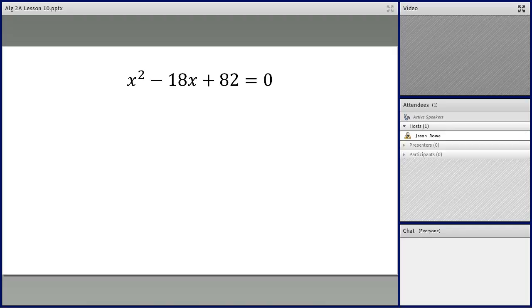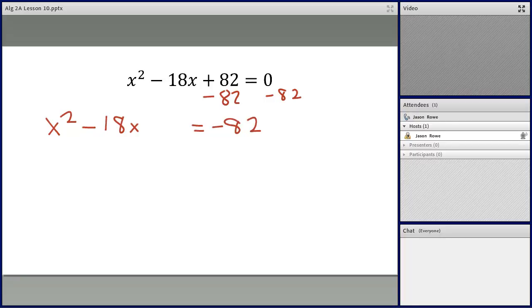All right, so one more time, and then we're going to look at a problem like number 6 and number 7. Okay, so again, step 1, get everything without a variable to the opposite side. So we're going to subtract 82. So that's going to leave me x squared minus 18x equals negative 82.